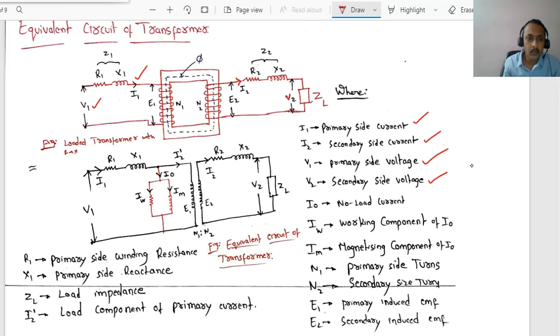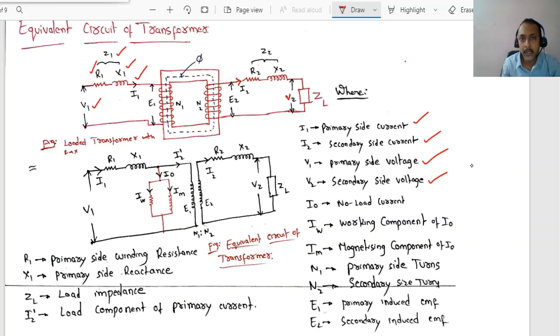Now the primary side winding resistance is denoted with letter R1. R1 indicates primary side winding resistance. Similarly, primary side winding reactance is denoted with letter X1. Clear? And this overall, both together, resistance plus reactance, this impedance Z1 indicates the impedance on primary side.